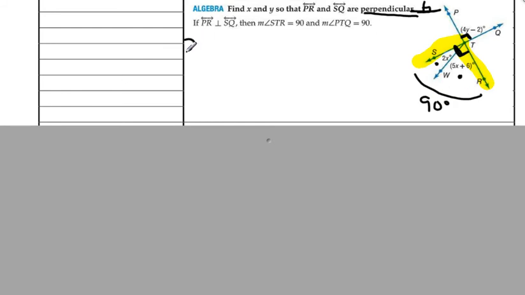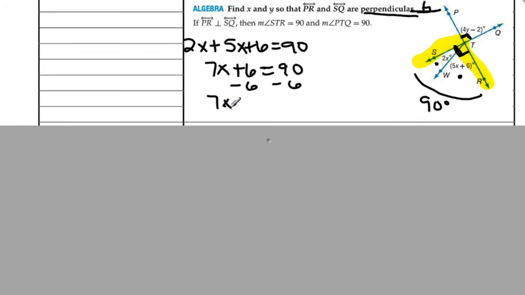So angle addition, 2x plus 5x plus 6 equals 90 degrees. I would combine my like terms. 2x and 5x is 7x plus 6 is 90. I would subtract 6 from both sides. 7x equals 84.